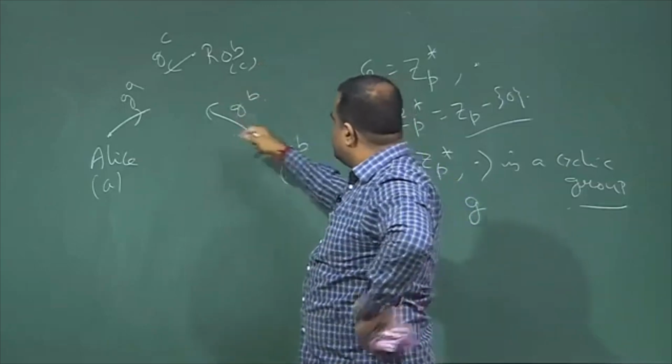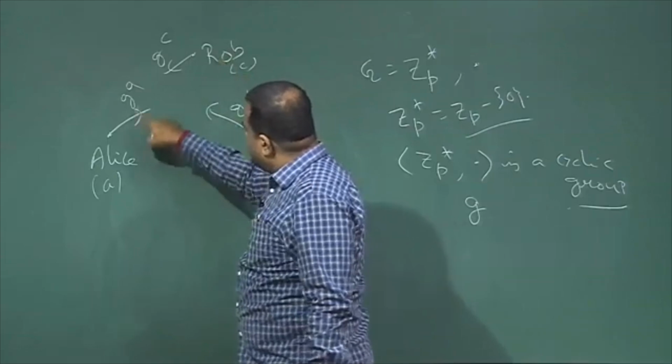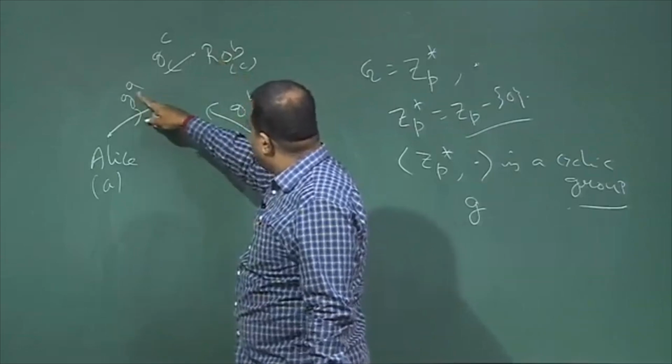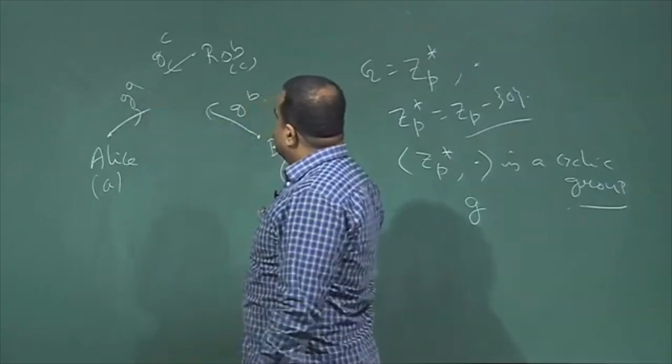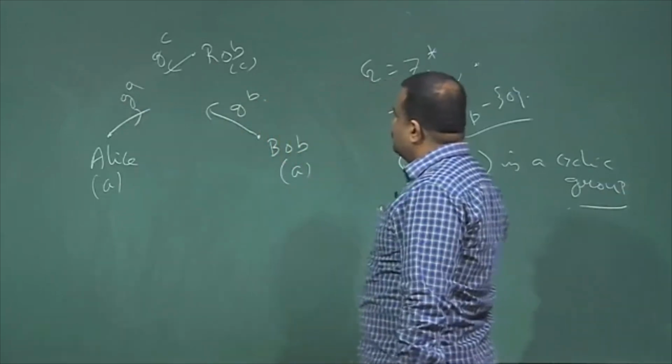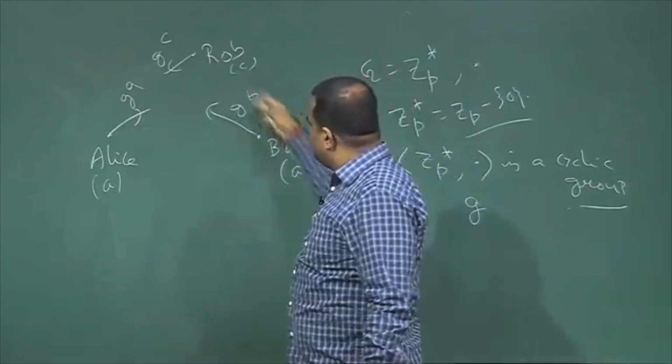Rob can agree on g to the power ac with Alice. Basically there will be two keys for each party.